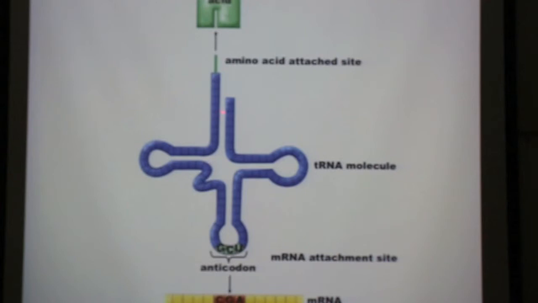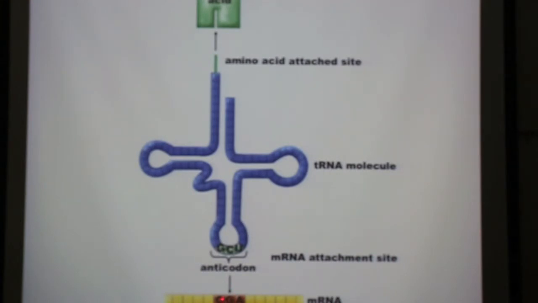So here in blue is the tRNA molecule, okay? And the tRNA molecule has a couple of important things on it. On one side, it has a particular amino acid, okay? And then on the other side, it has what they call an anticodon, a section of 3 bases that are going to be the opposite or the anti of what the codon is on the mRNA.